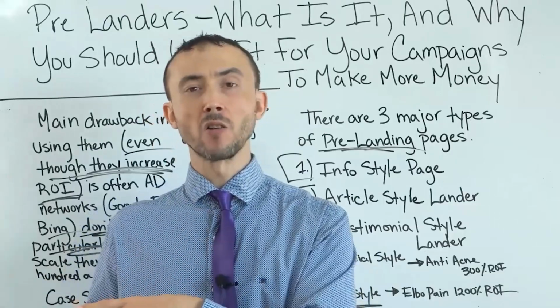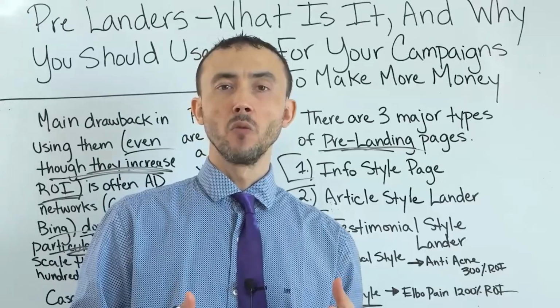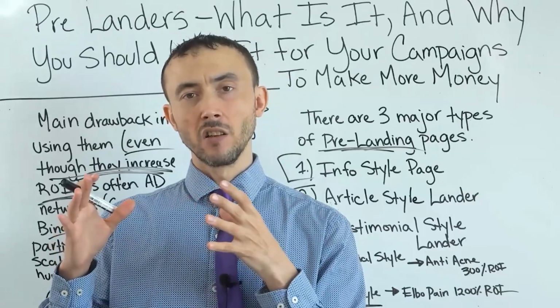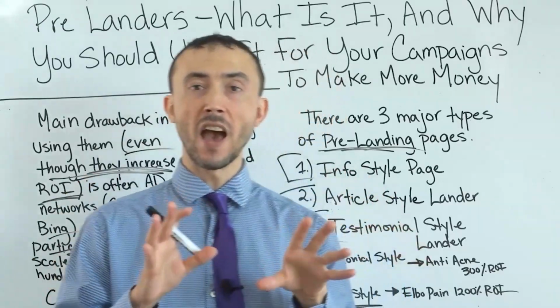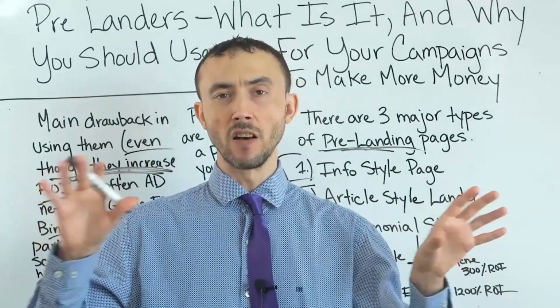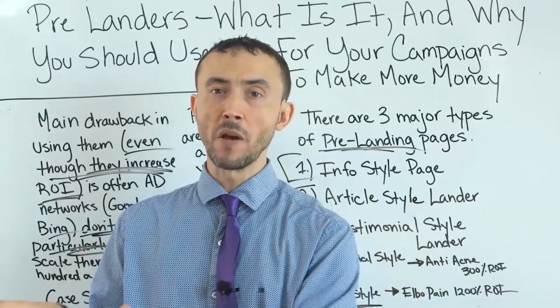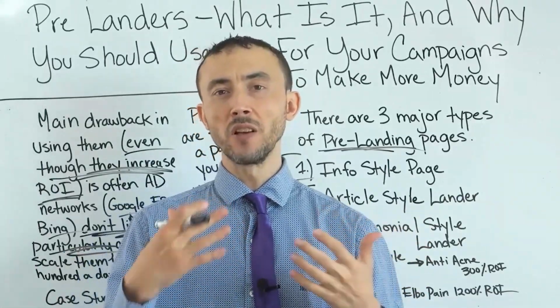And that article style lander is a much better way to go because they don't have their guard up when they see the landing page and, furthermore, the ad. Because on the ad, it's a blind ad, as they call it, where you're not actually talking about buying anything. You're just saying there's great information over here, and that's where the pre-lander really works.